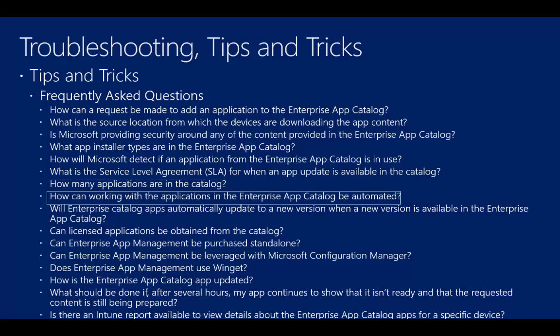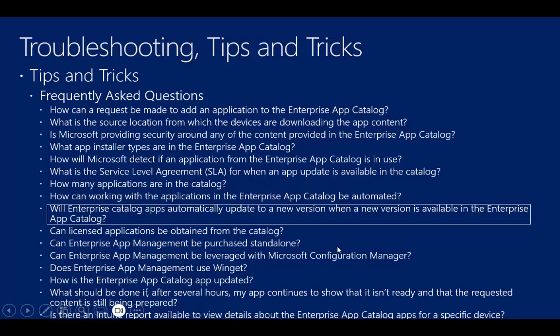How can working with the applications in the Enterprise App Catalog be automated? Well, for any automation that you want to do against Intune, we have Graph API, and certainly you can apply automation to the Enterprise App Catalog with Graph API. Will Enterprise App Catalog apps automatically update to a new version when a new version is available in the Enterprise App Catalog?